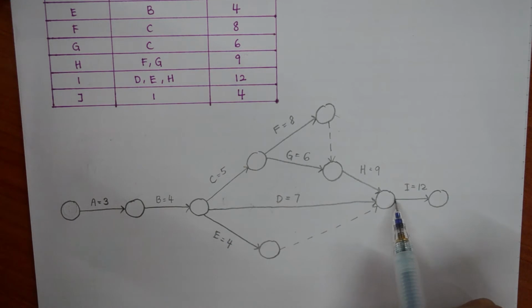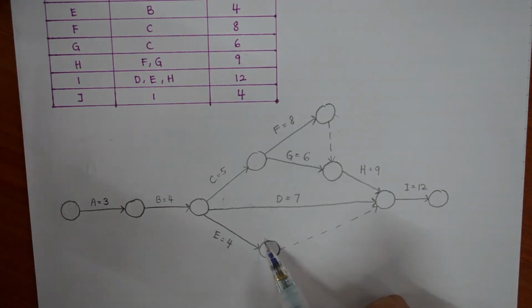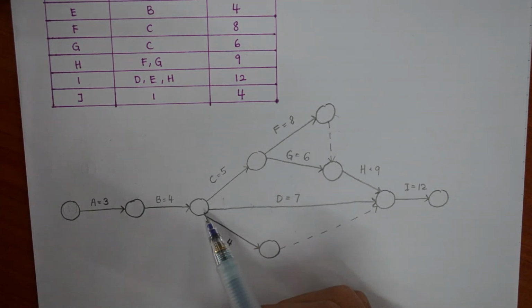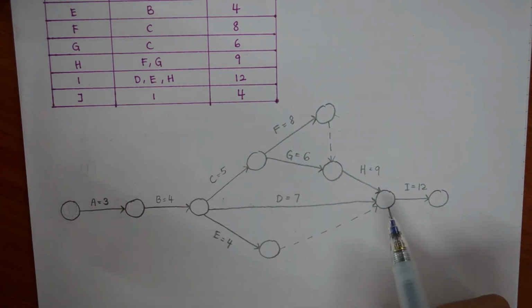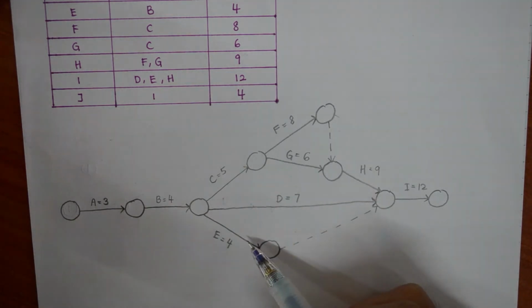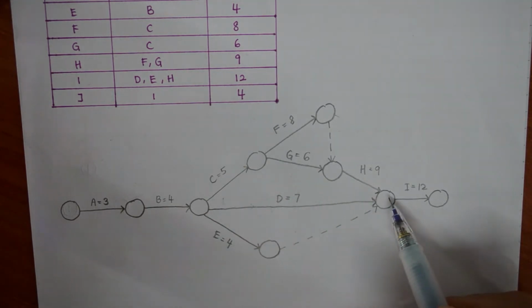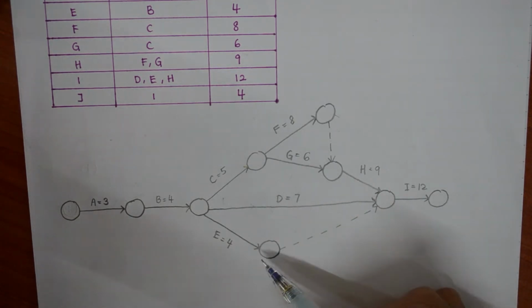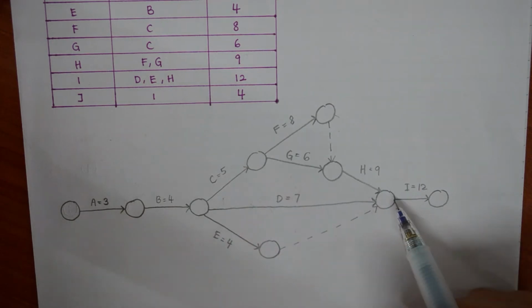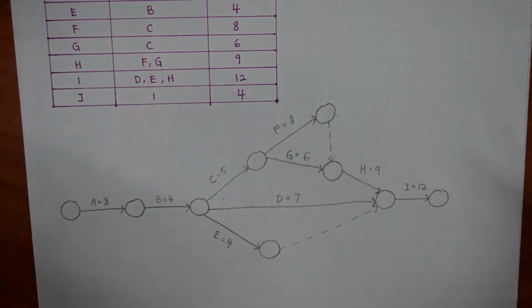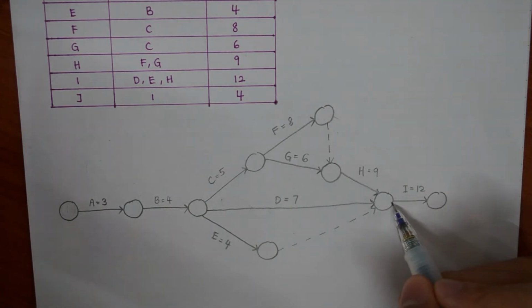For D and E, they start here and only one of them can end where H ends. This is why only one of D or E can be connected straight to where H ends, which is there. Okay, so now we have drawn I.